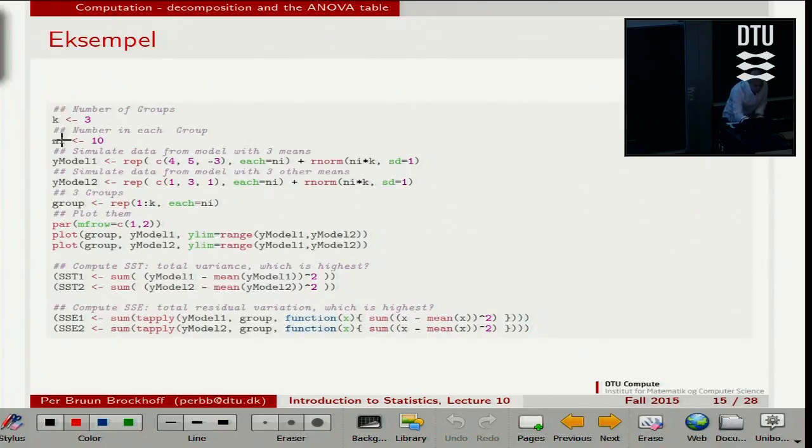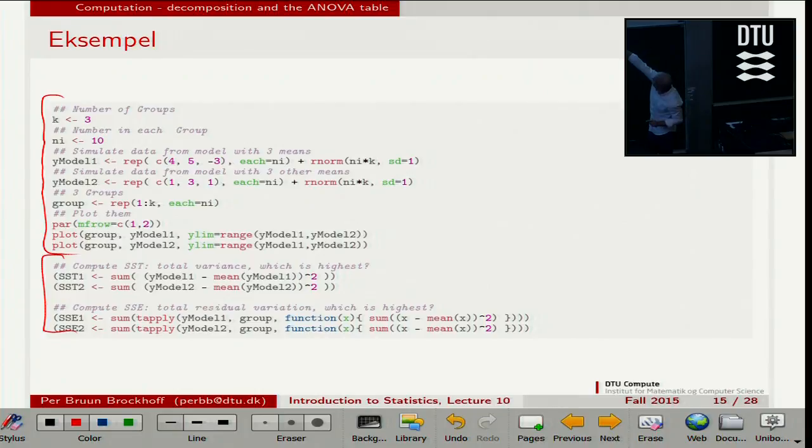Let's have a look here. I am trying here to make a little toy example to give you two different cases. We'll look at the cases, and then I do the total sum of squares and the residual sum of squares by hand calculation or explicit use of the formulas I gave you.